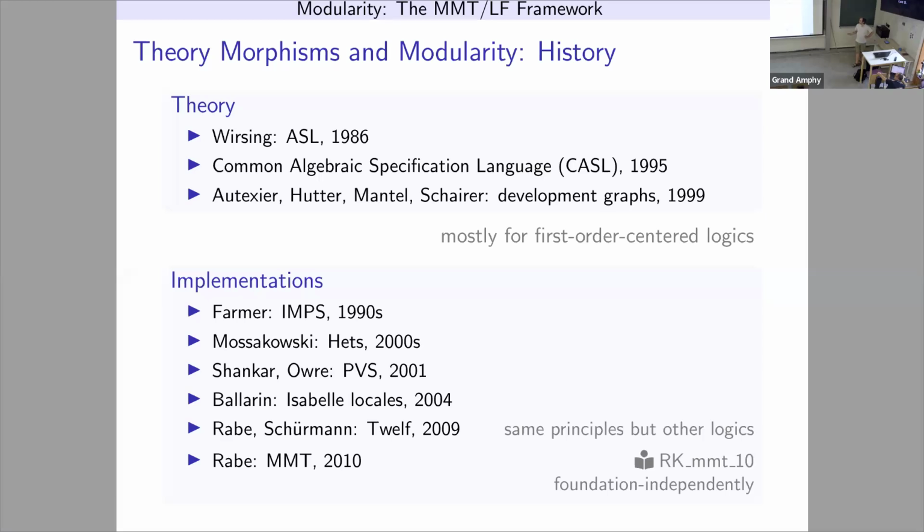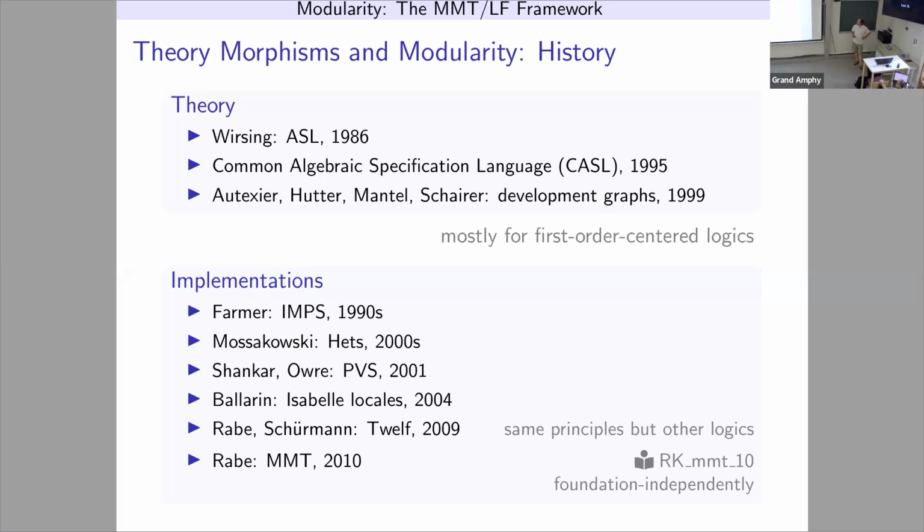The Isabelle locales were inspired by development graphs. That's maybe how most of you have come into contact with theory morphisms before. PVS has them. I added them to LF, and then MMT in a way is based on the idea of doing stuff so generally, but still specifically enough that theory morphisms can exist.